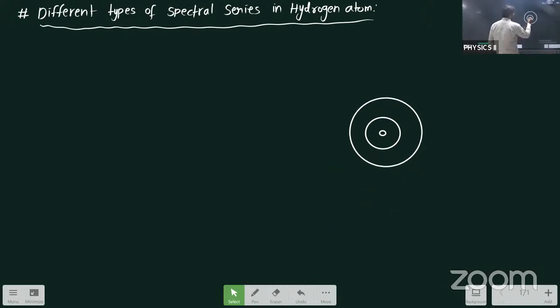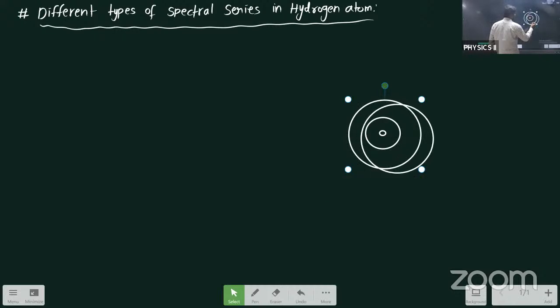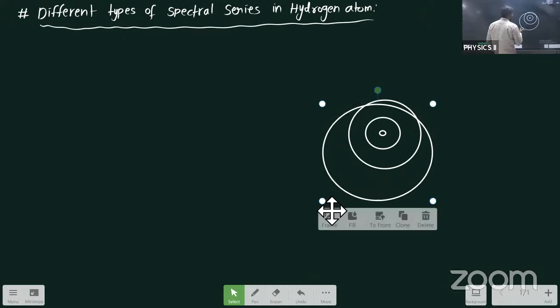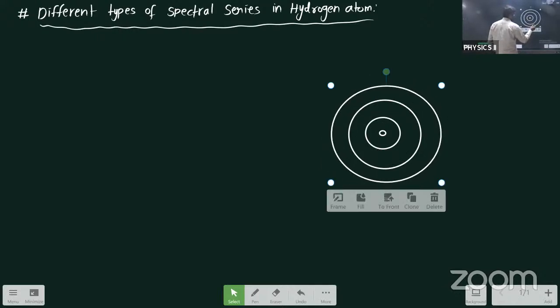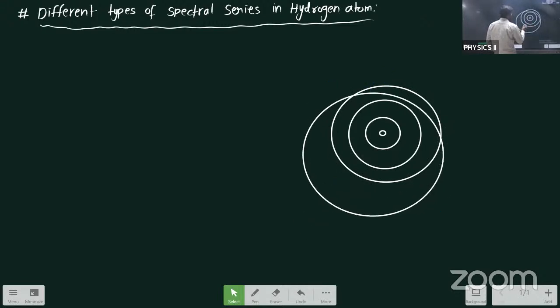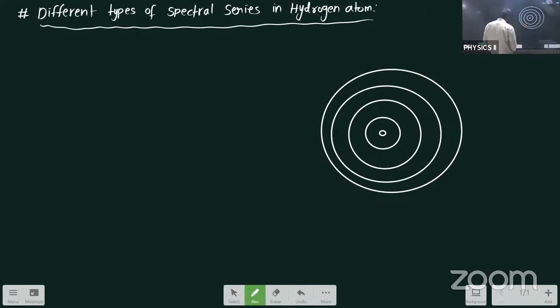So let me consider those circular orbits. These are the different circular orbits, and here we have the nucleus.